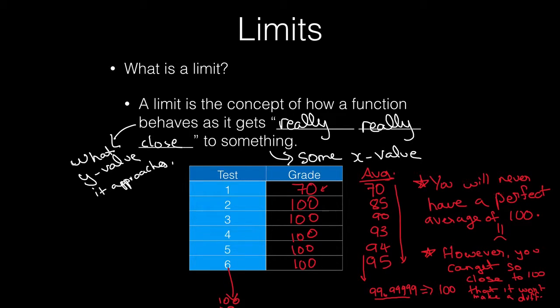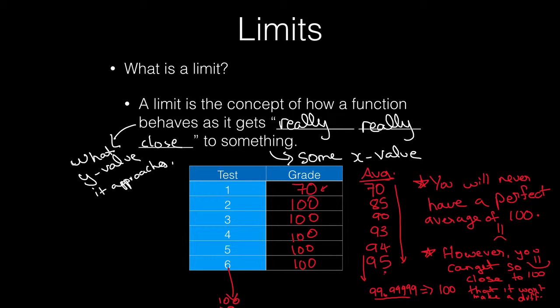You will never have 100, but you can get so close to 100 that it's almost the same thing. You get so close that it barely makes a difference, so in your calculations, that would just be the same thing as 100. So that's the concept of what a limit is. You get really close to something, but you don't actually get to the something.